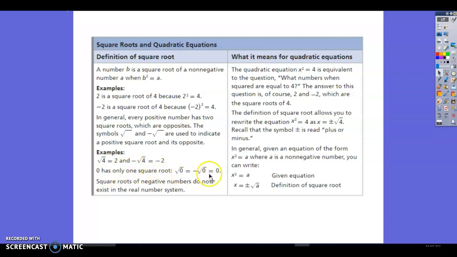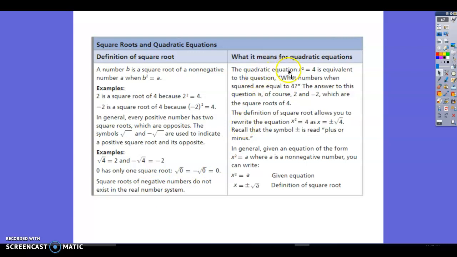The square root of 0 is just 0. Square roots of negative numbers do not exist in the real numbers. They produce imaginary numbers, which you will learn later. But right now, just know that square roots of negative numbers do not produce real numbers.